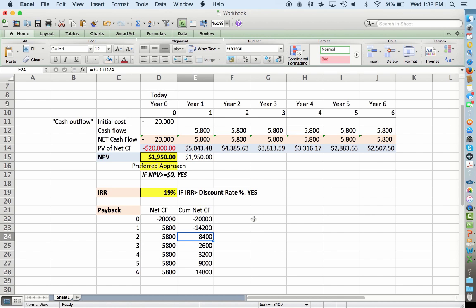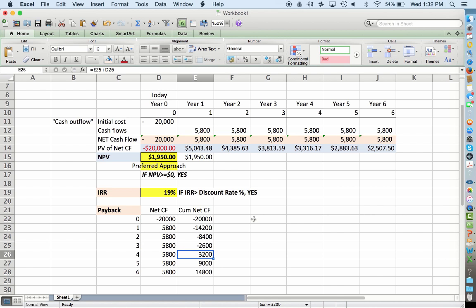By year 4, I have essentially made my money back. What I don't know, though, is in what month in year 4. So I can do this a little bit simpler.